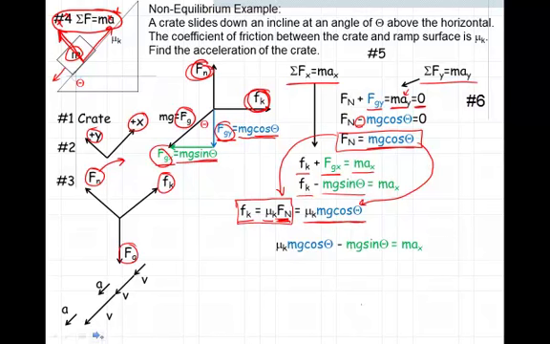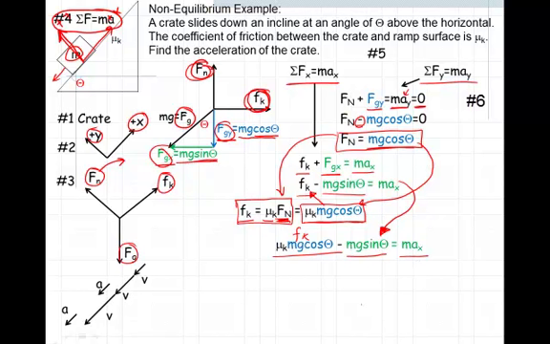Then what we'll do is we'll take this value for the frictional force, plug it back into this equation, and this will give us this new equation, where we now have F sub k, our frictional force, our Fgx, and that equals the mass times the horizontal acceleration.